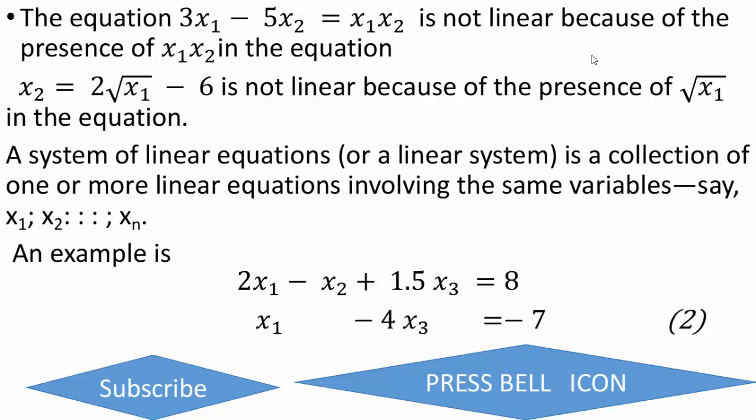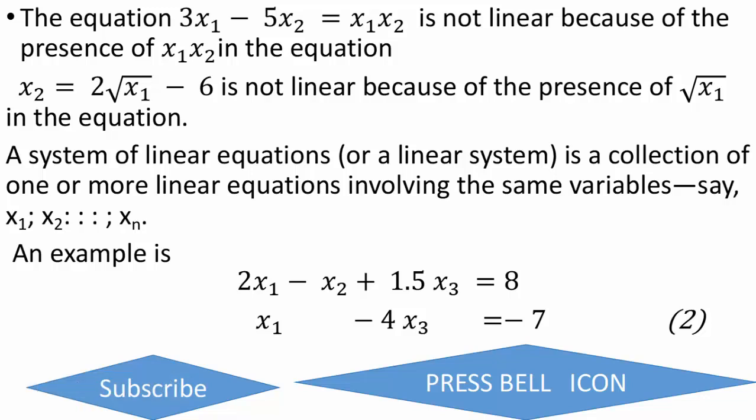An example is 2x1 - x2 + 1.5x3 = 8, x1 - 4x3 = -7. These both equations contain same variables x1, x2 and x3. In second equation, x2 term is absent, but we can write it as 0x2.